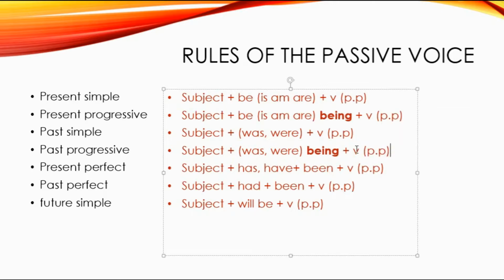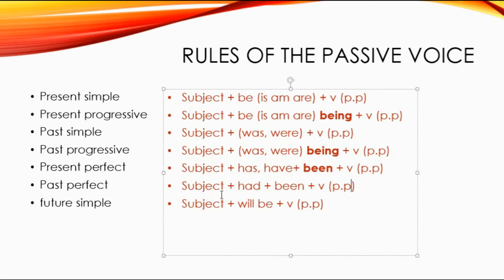We also have the verb always. This is always the case, as I noted. You always need the verb to be in past participle. We also have present perfect, in which you have the subject, has or have, according to the subject, and been. Been is always there, plus the verb.